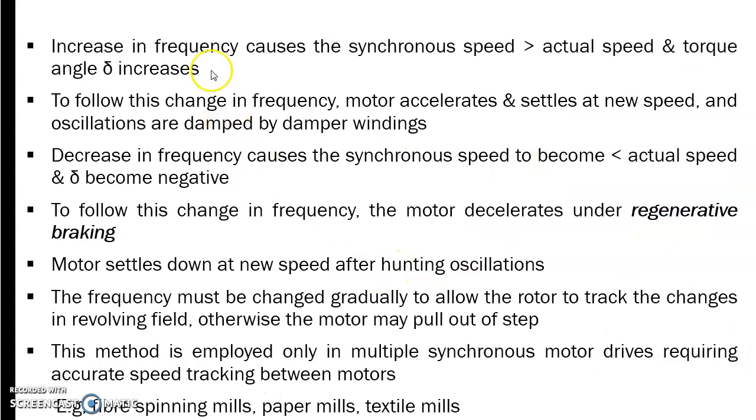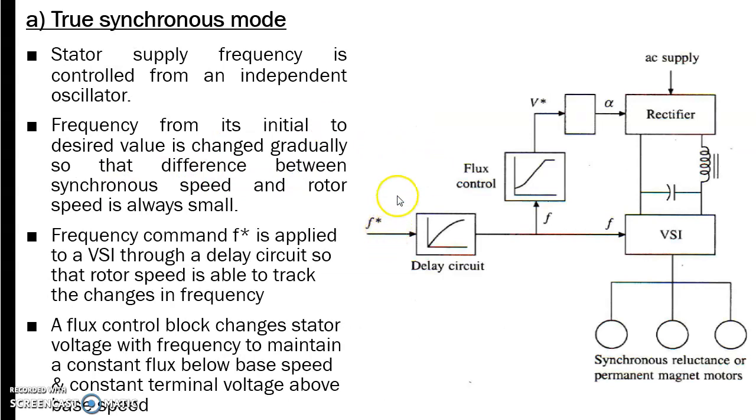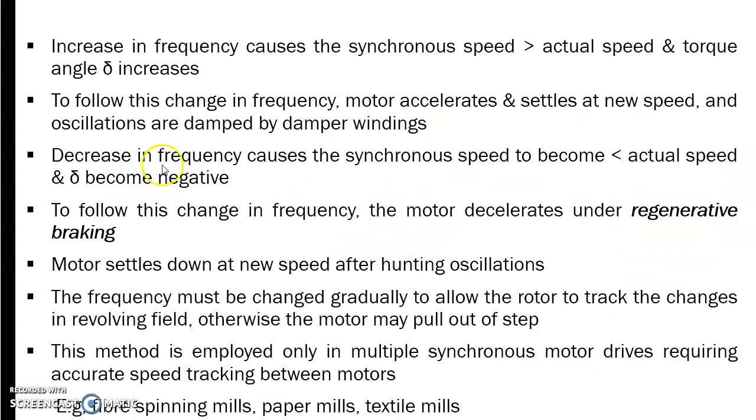Any increase in the frequency causes synchronous speed greater than actual speed, and hence torque angle delta increases. To follow this change in frequency, motor accelerates and settles at new speed, and oscillations are damped by damper windings. Suppose there is a decrease in frequency, that is, this frequency is continuously varying. A decrease in frequency causes the synchronous speed to become less than the actual speed. So delta becomes negative.